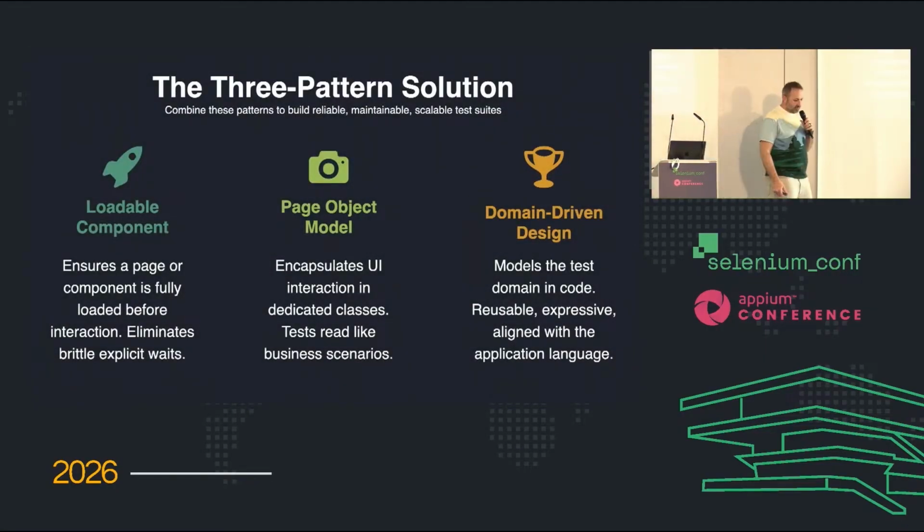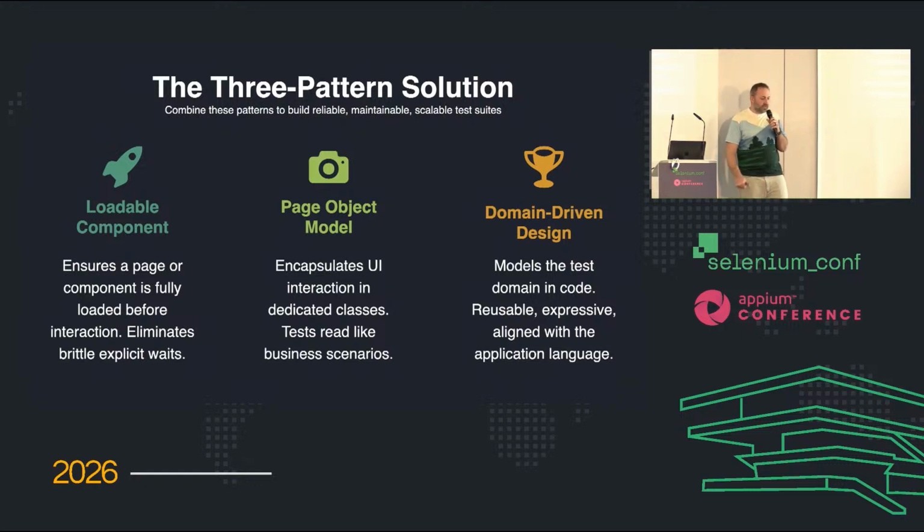What patterns and features are we going to explore today? Loadable Component, which will ensure that the page is fully loaded before returning and creating the objects, so we will eliminate the thread sleeps for waiting for the page load.